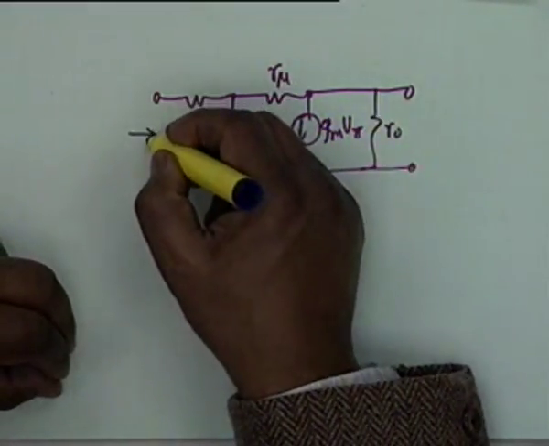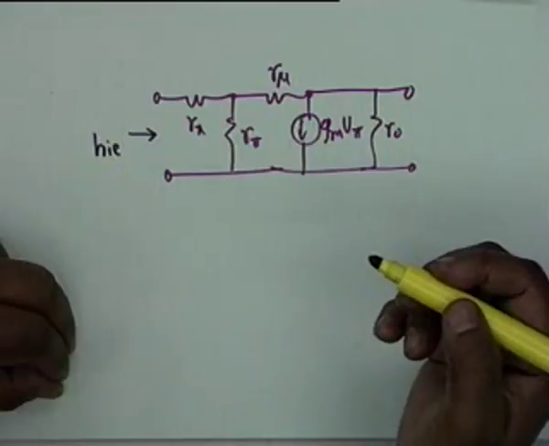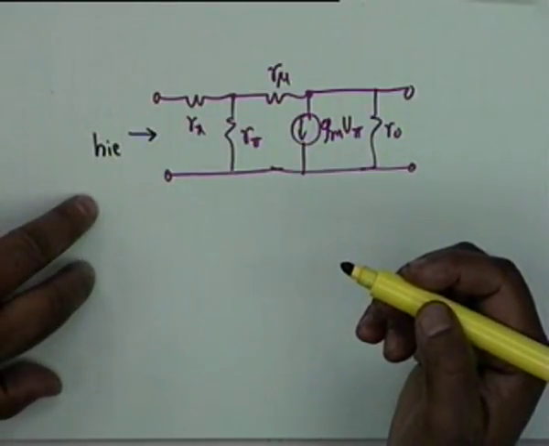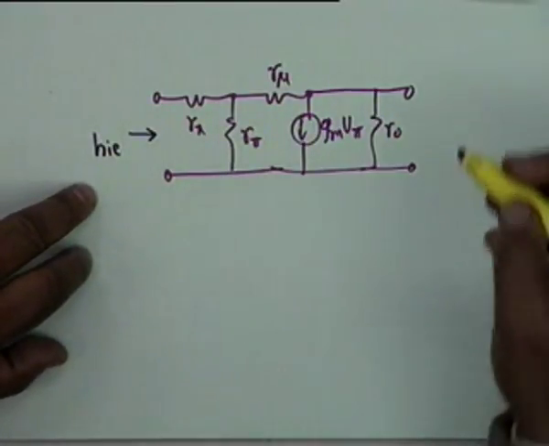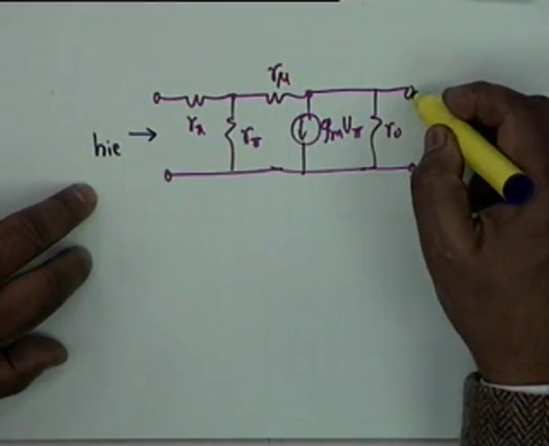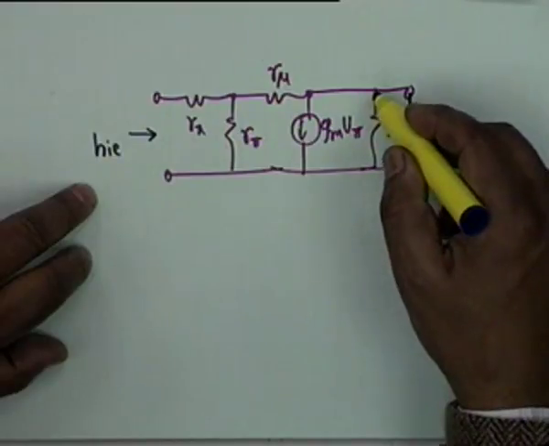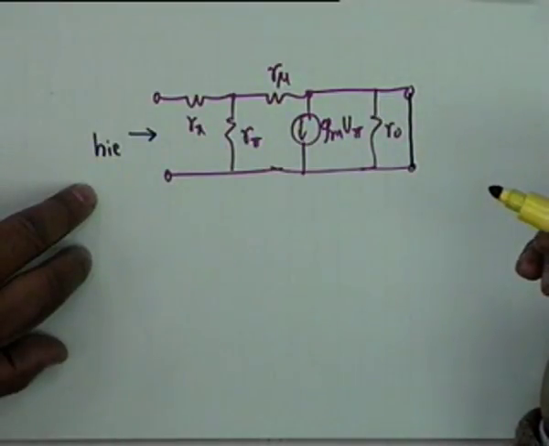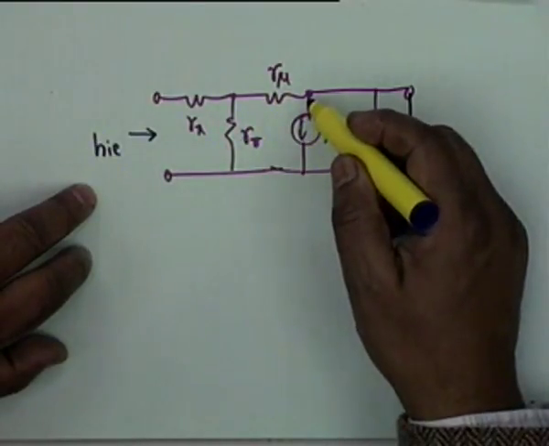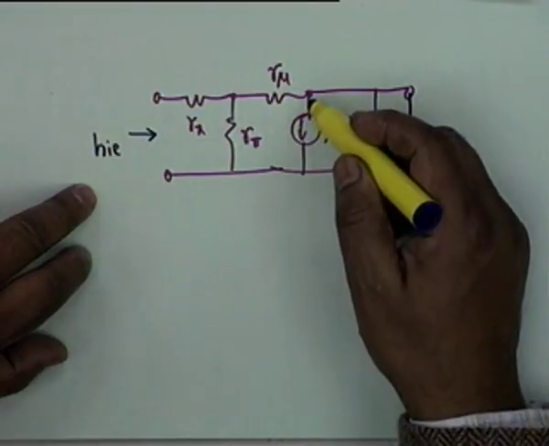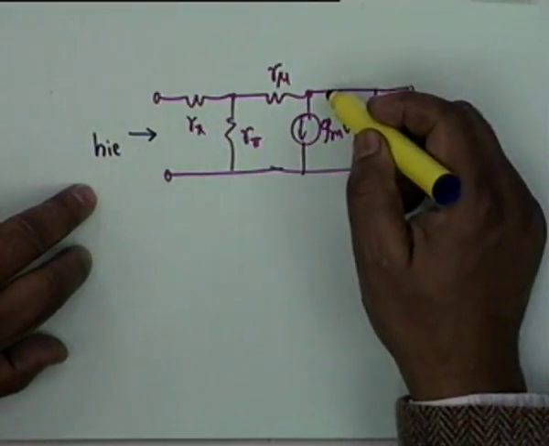HIE is the input impedance with the output, yes, what do I do to the output? Short circuited. So I make it short circuited. If it is short circuited, you see R0 goes off. The current Gm V pi, well, it shall be there. It goes like this.